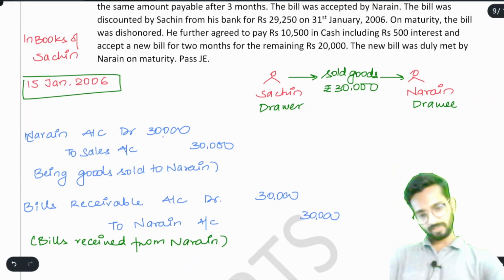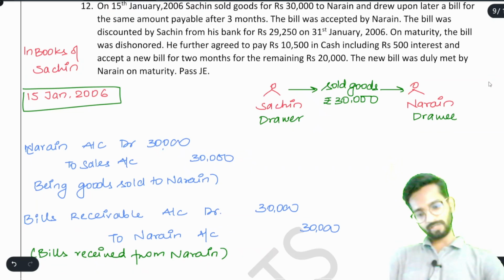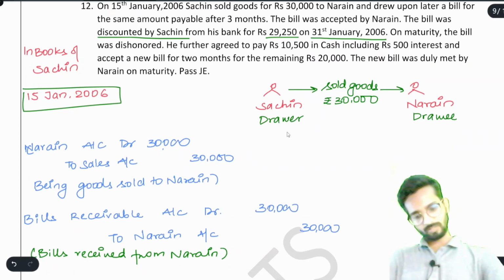After that, what is happening? The bill was discounted by Sachin from his bank for rupees 29,250 on 31st January 2006. So Sachin went to the bank, got it discounted and received the amount.